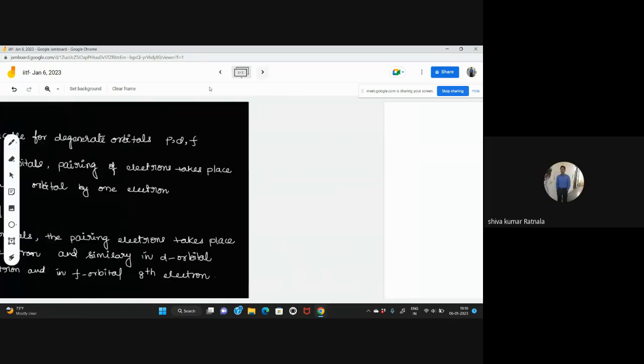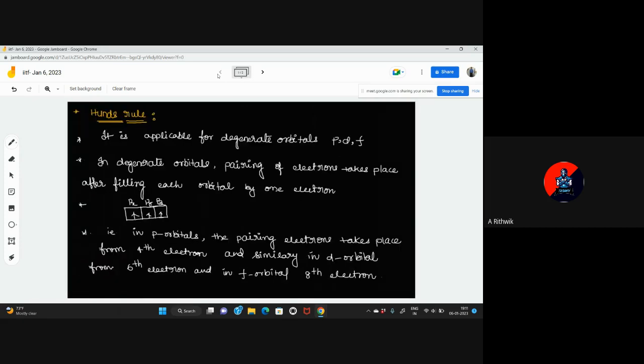For example, if I'm taking P4 configuration, if I'm writing... Sir, what are degenerate orbitals? Degenerate orbitals means orbitals having the same energy. Sir, can we add as many electrons as we want in each orbital?